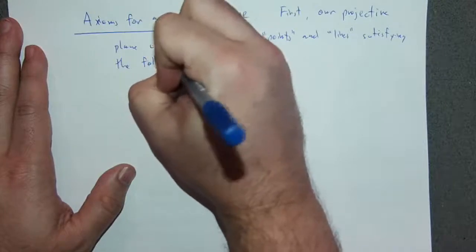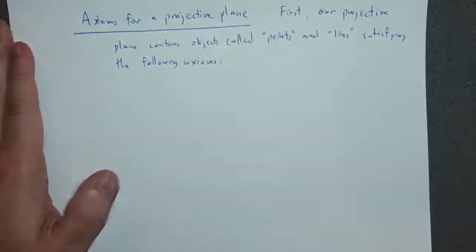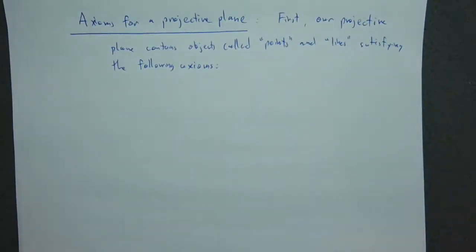Now, the reason why I have very much intentionally used points and lines in quotes here is that when we talk about these objects of points and lines, we are calling them points and lines with respect to projective geometry, but they're not really points and lines in the Euclidean sense.